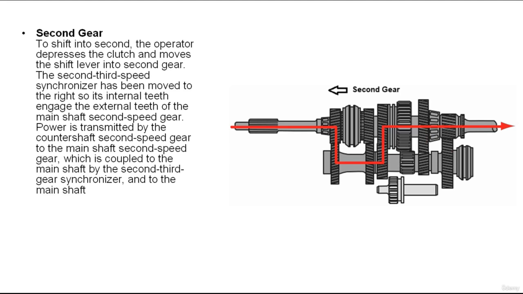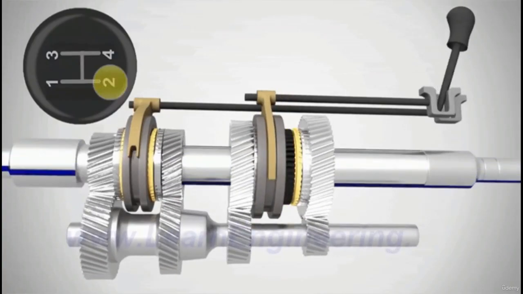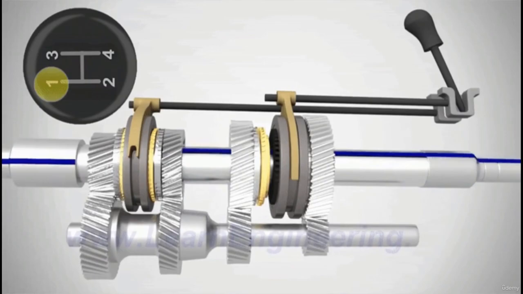Also, we have the second gear. When the shift from first to second gear is made, the shift fork disengages the second synchronizer from the first speed gear and moves it until it locks the second speed gear to the main shaft. Power flow is still through the input shaft and the clutch gear to the counter gear. However, now the second counter gear on the cluster transfers power to the second speed gear locked on the main shaft.